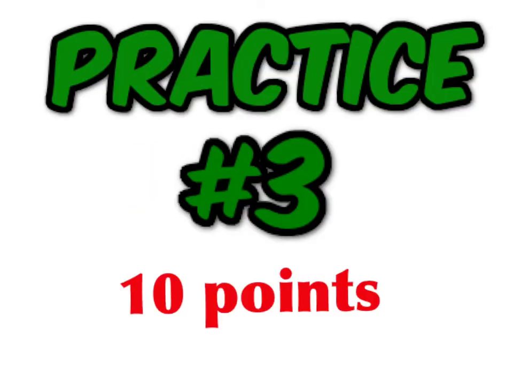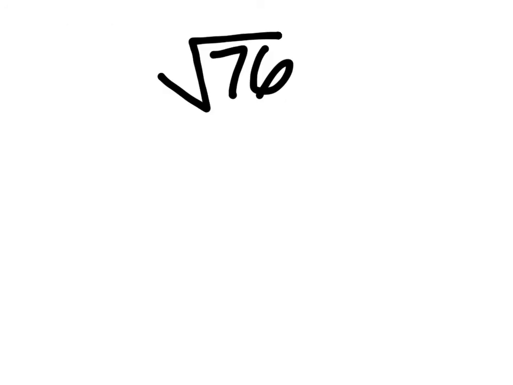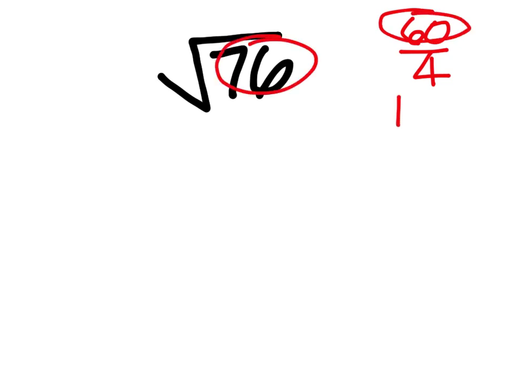Try one and drop it off. The square root of 76. If you can remember that 4 goes into 60, if you can remember a reference number of your own choosing that you know is divisible by 4, the higher the better. Like 60, I know that 4 goes into 60 15 times. The difference between 60 and 76 is 16, and that's divisible by 4.